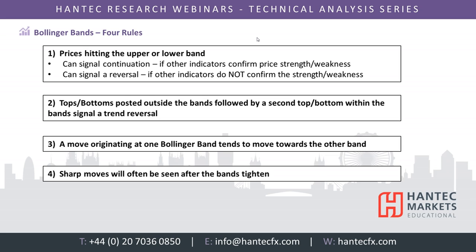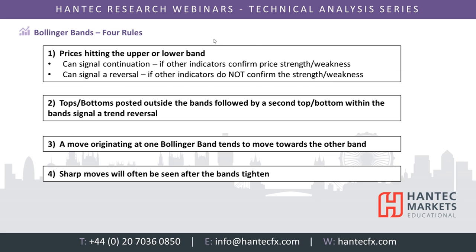Now, okay, so the first one, prices hitting the upper or the lower band can be considered to be either continuation or reversal. It entirely depends on how other technical indicators are looking, because if you get a confirmation of the strength or weakness in the move, then that can suggest a continuation.